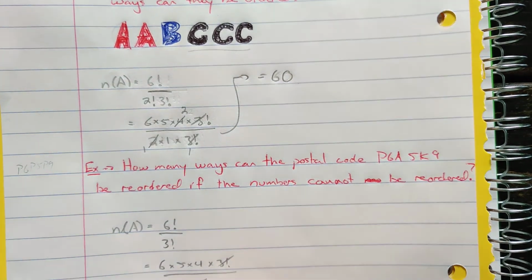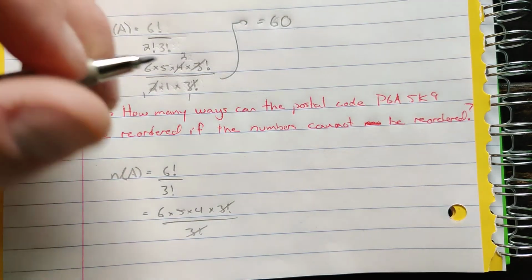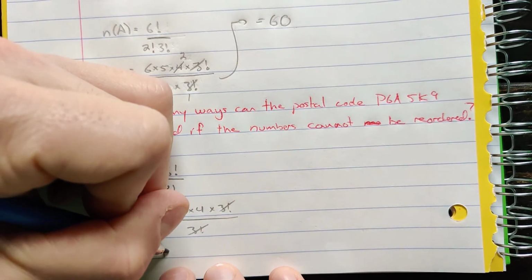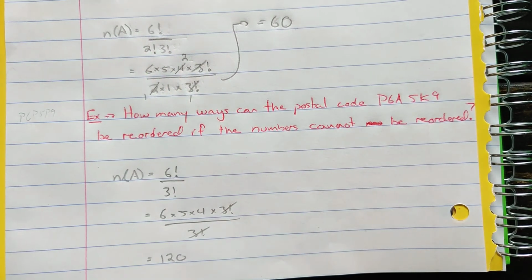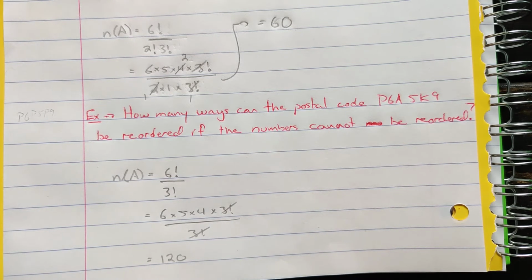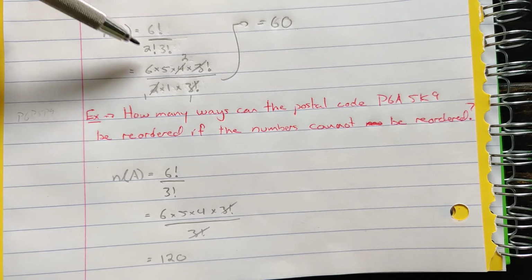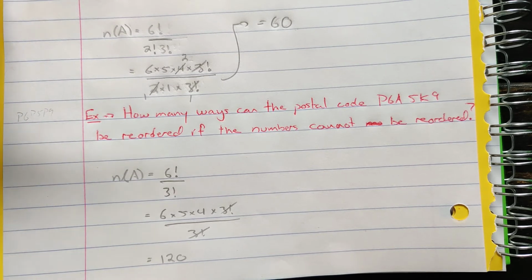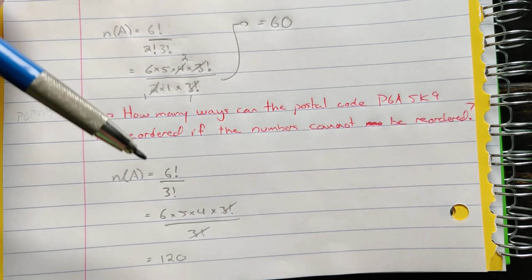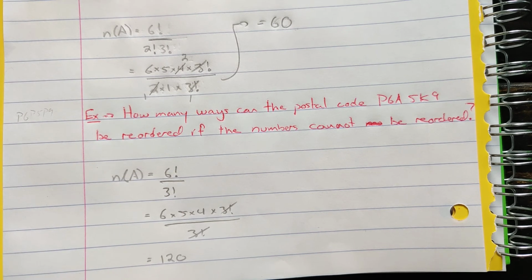Cancel the 3 factorials. 6 times 5 times 4 is going to give us 120 different ways of arranging those items. So again, given identical items, we divide out the permutations for the individual identical items. In the case where something can't be reordered, we treat them as identical items, and we then divide out the number of arrangements of those identical items.